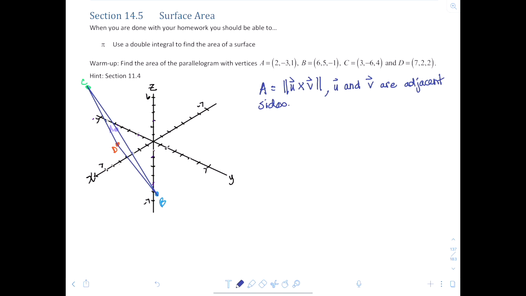So, let's see, we can use CD and AC for our adjacent sides.